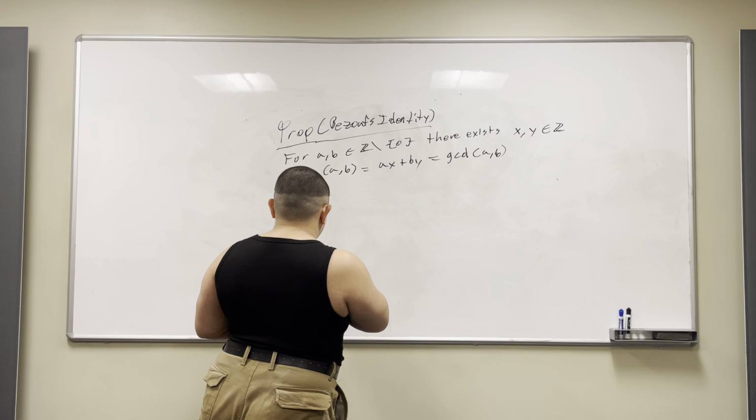For now, suffice to say, store it away in a black box to be used at some later time, but apply the Euclidean algorithm to a and b.